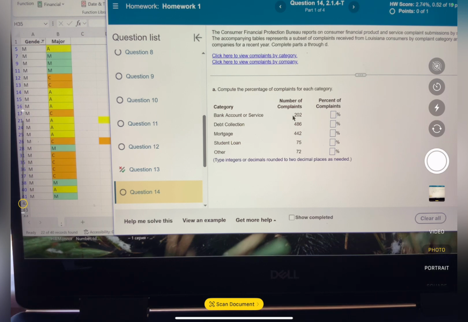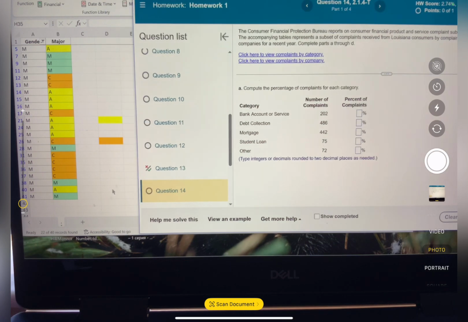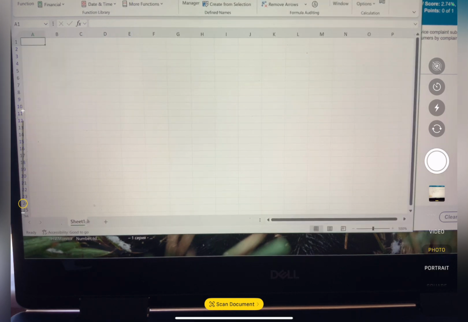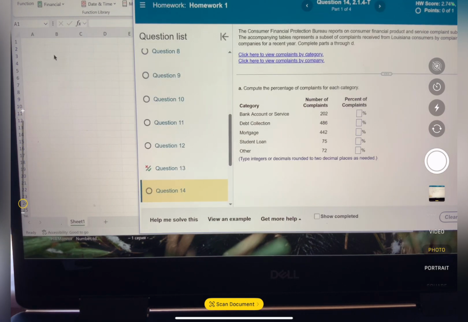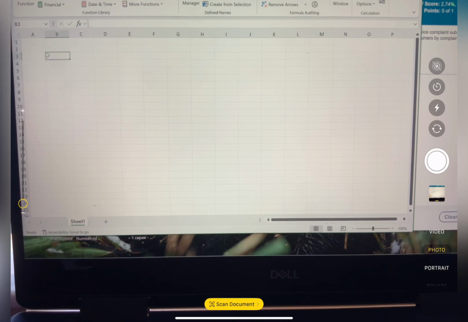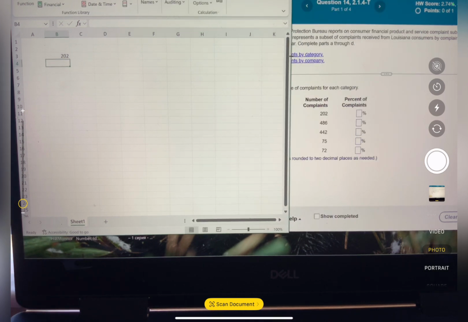So I'm going to type these numbers: 202, 486, 442, 75, 72.